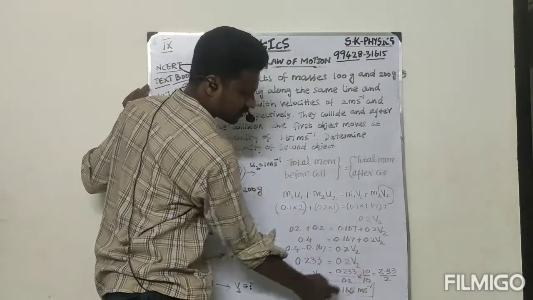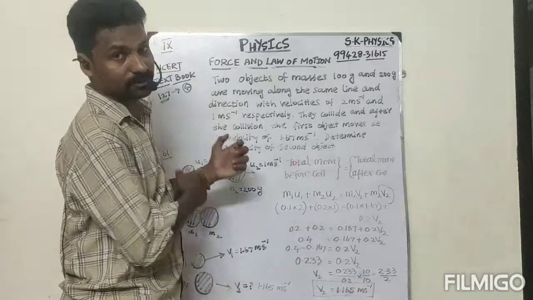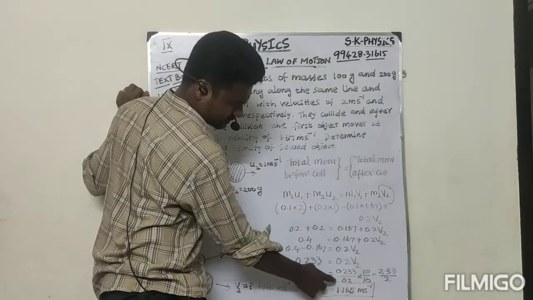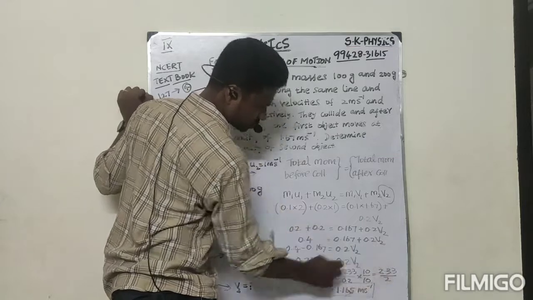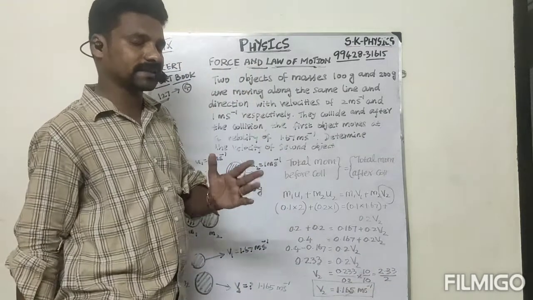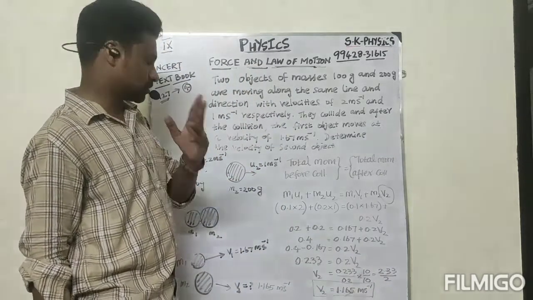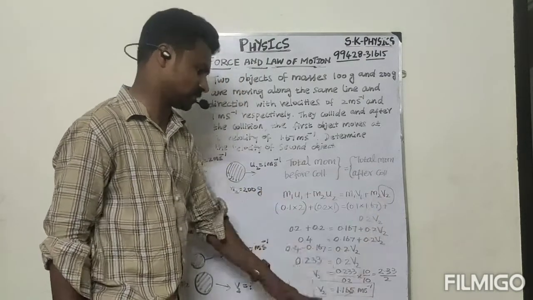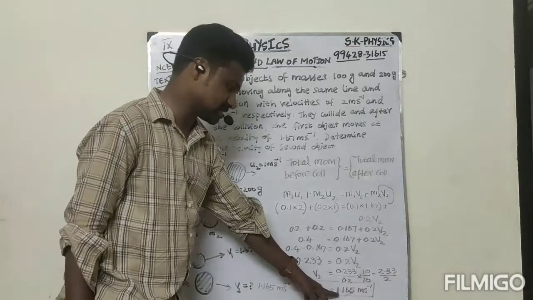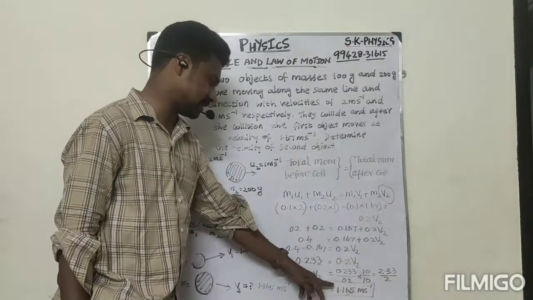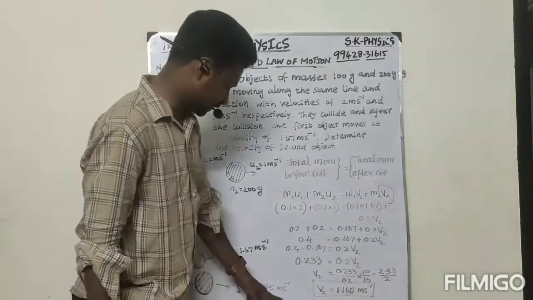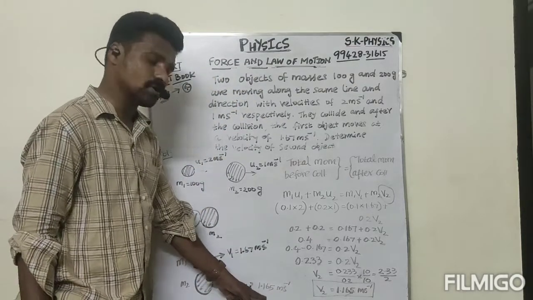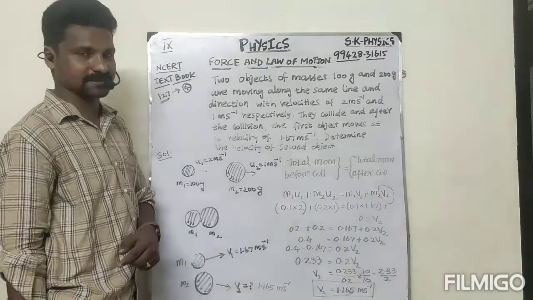Multiply by 10 in the numerator, 0.233 into 10 is 2.33, divided by 0.2 into 10, that is equal to 2. So 2.33 divided by 2 is equal to 1.165 meter per second. So we found that the velocity of the second object is 1.165 meter per second.